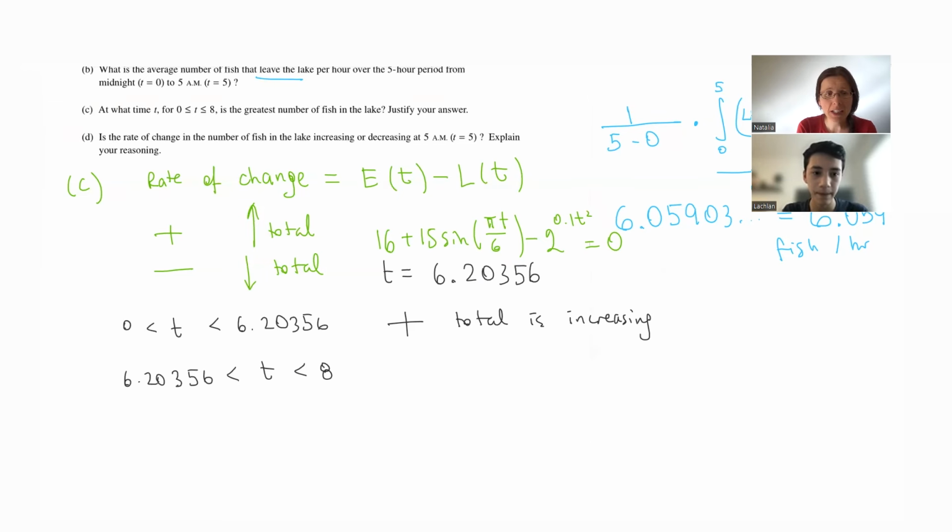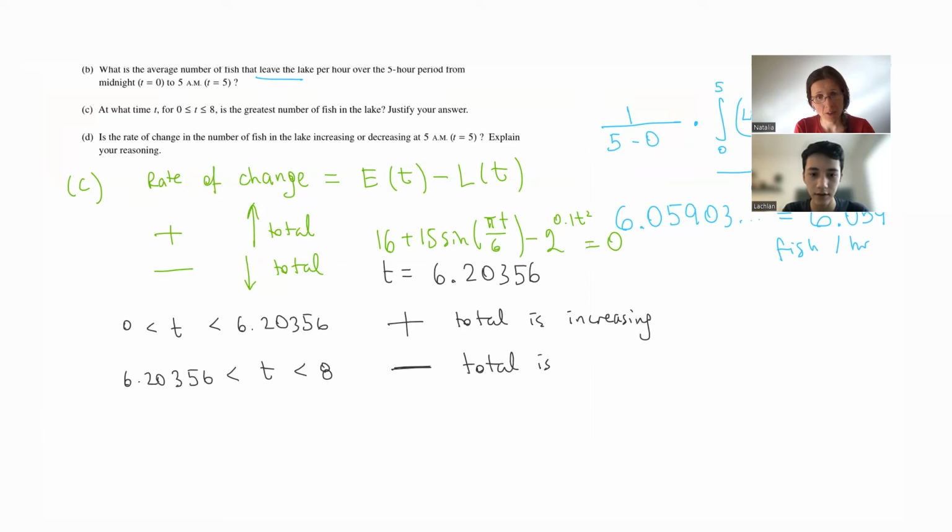So we take another point, maybe 7. And again, we input it into our equation, the amount of fish entering minus the amount leaving per unit of time. And we will get a negative value. So now what will happen to the total number of fish? Now it will be decreasing.